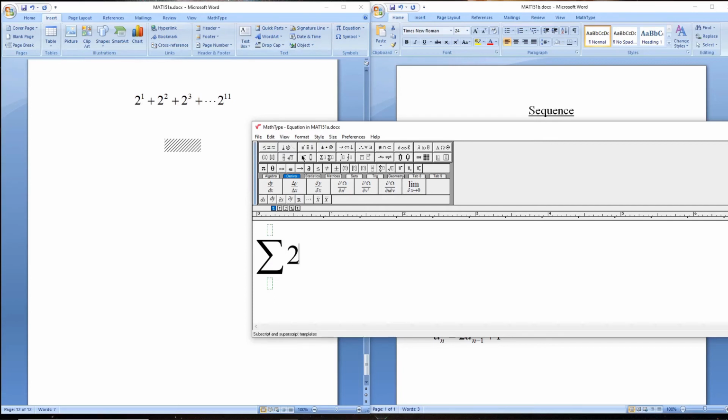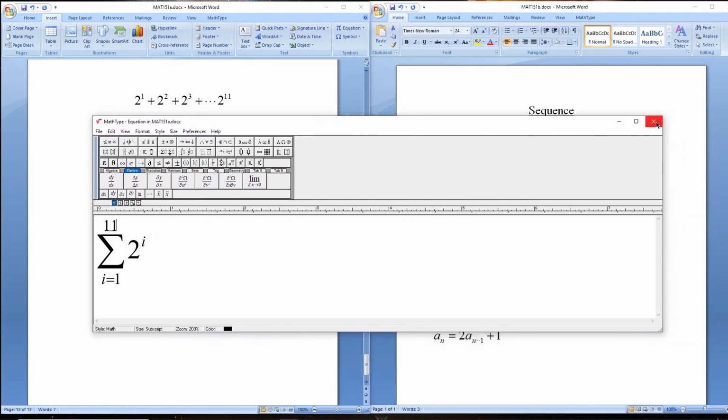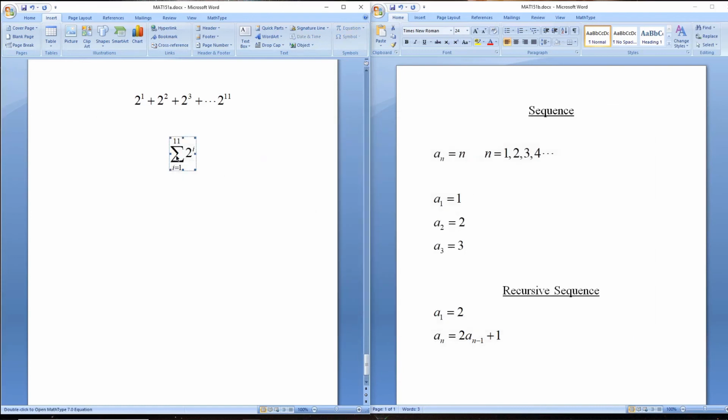So what's changing here this time is the exponent. And then the exponent starts with i equals 1, and then it ends at 11. And so this summation represents then the adding together of all of those numbers.